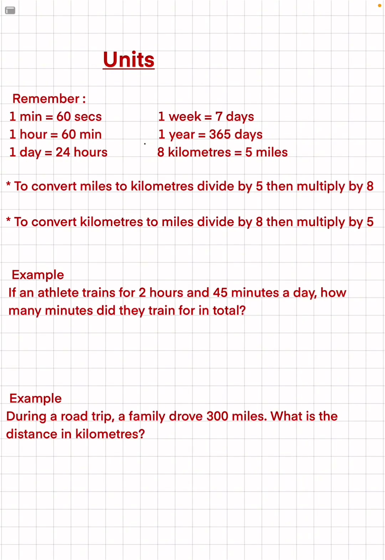Here are some more conversion factors which you need to remember. In this example, it says if an athlete trains for 2 hours and 45 minutes a day, how many minutes did they train for in total? We know 1 hour equals 60 minutes.